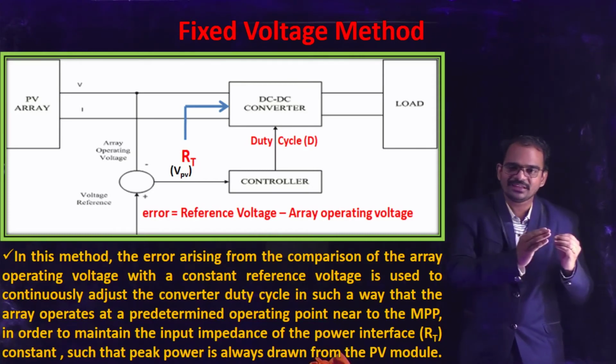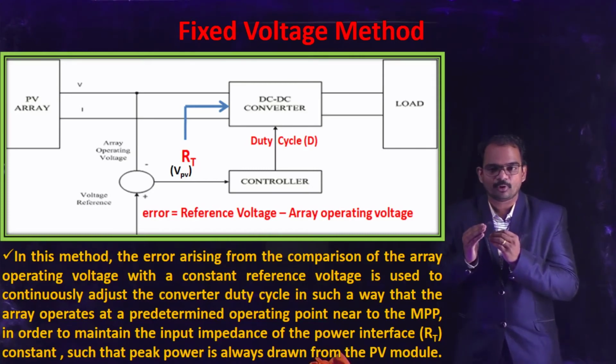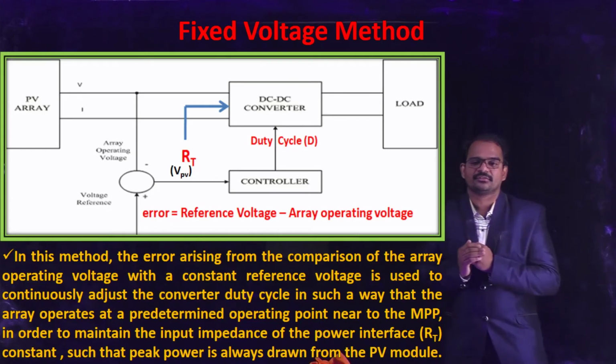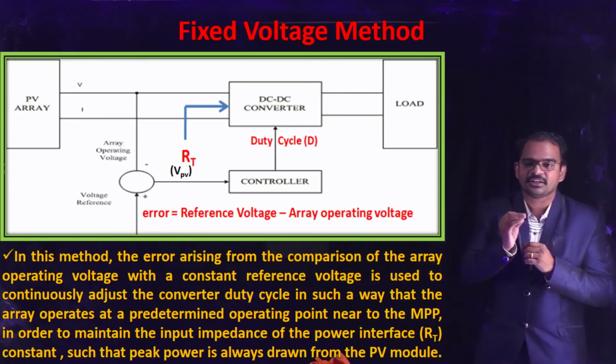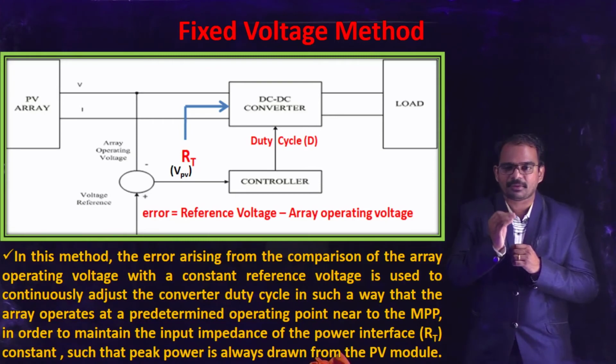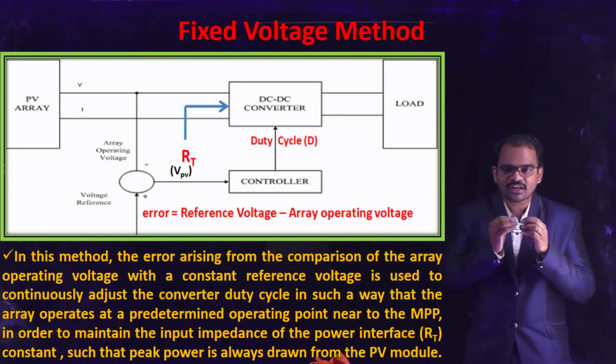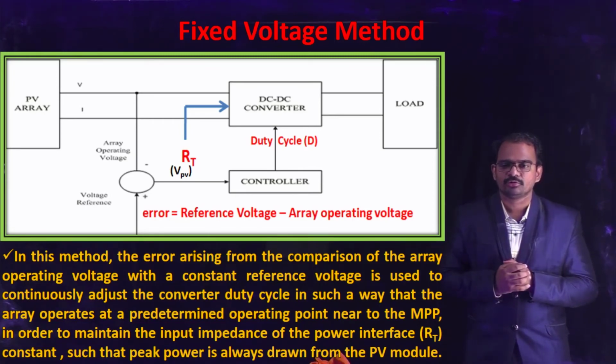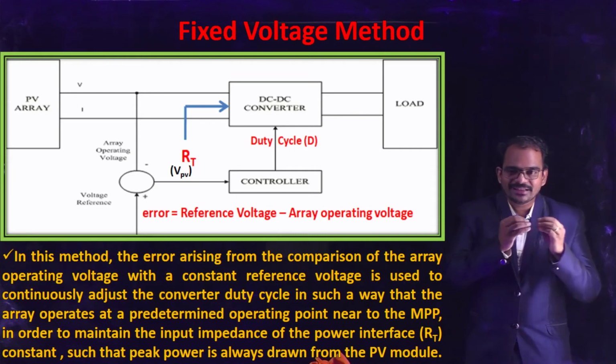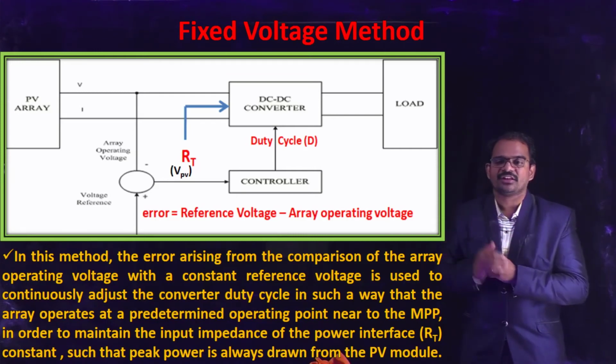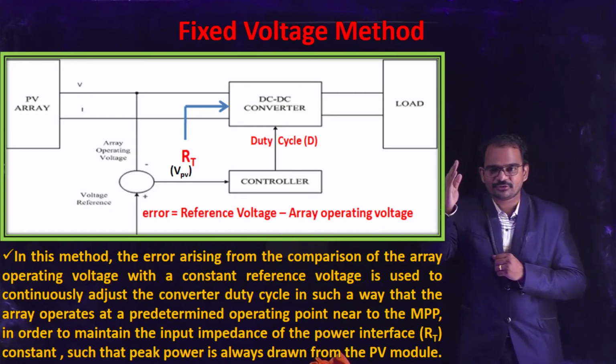That is, we need to decrease the array operating voltage to V reference, that is the Vm, the voltage at the maximum power point. So in order to do that, we need to decrease the array operating voltage, and that will be performed by means of a DC to DC converter.